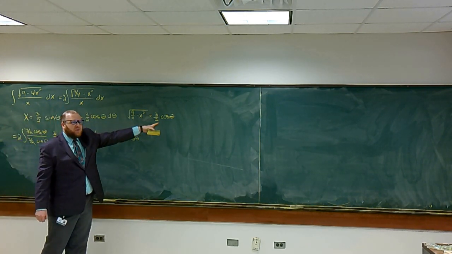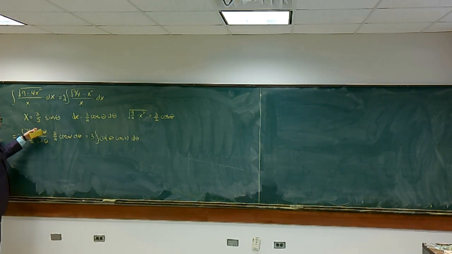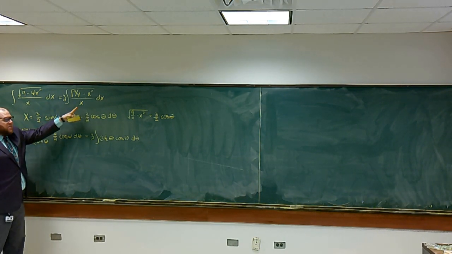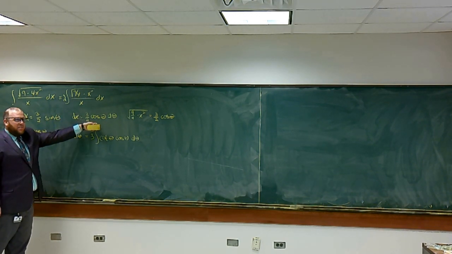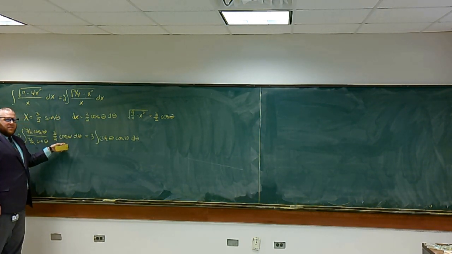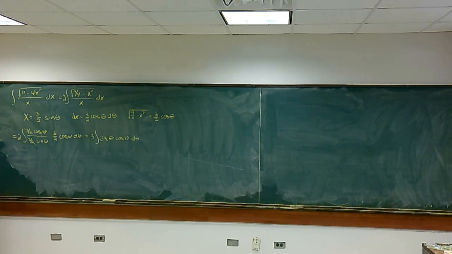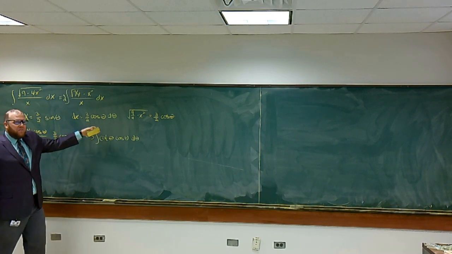That becomes 3/2 cosine theta. x is 3/2 sine of theta. And then dx becomes that. Okay, what happens to 9/4 though? You just need that to determine what the a is, what your coefficient is.